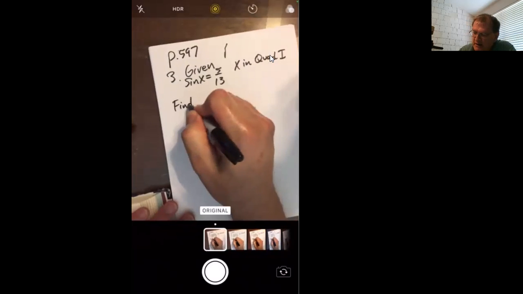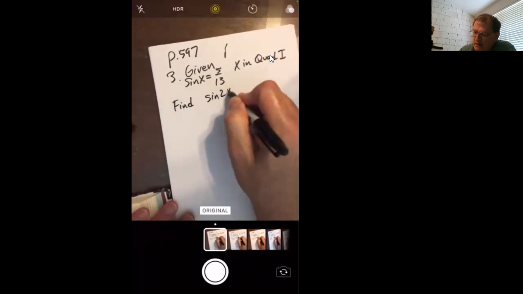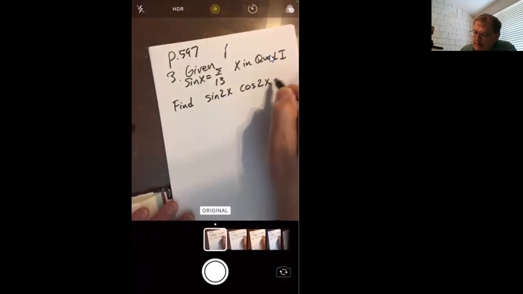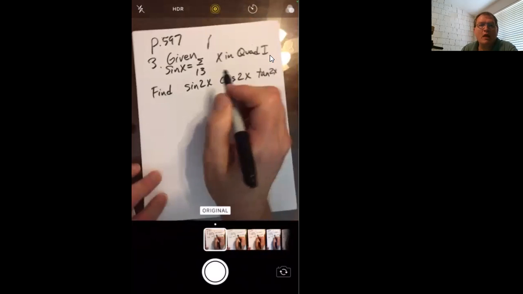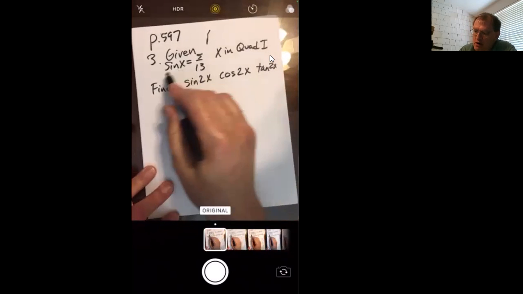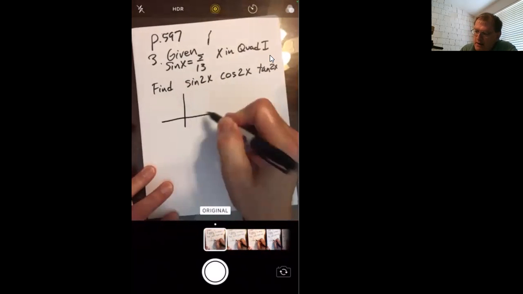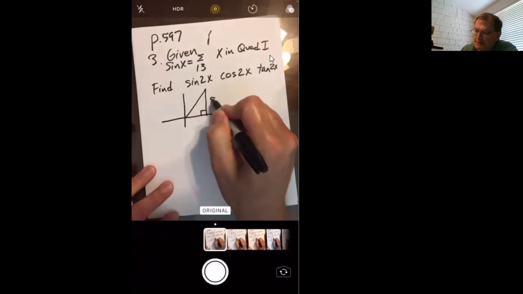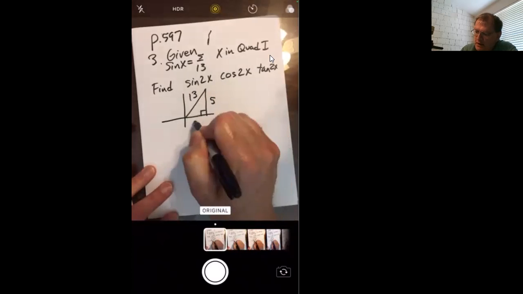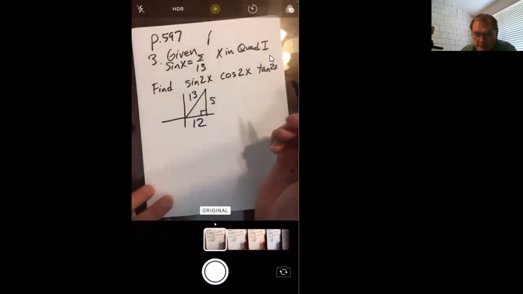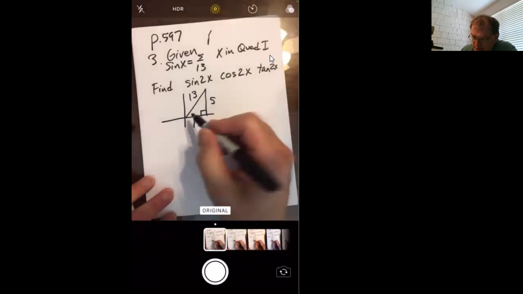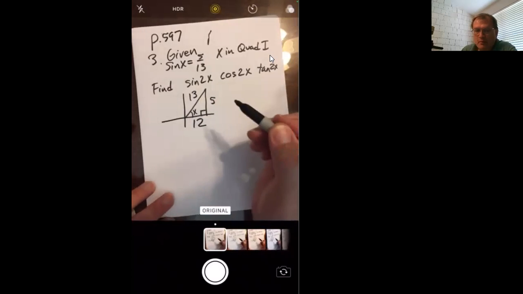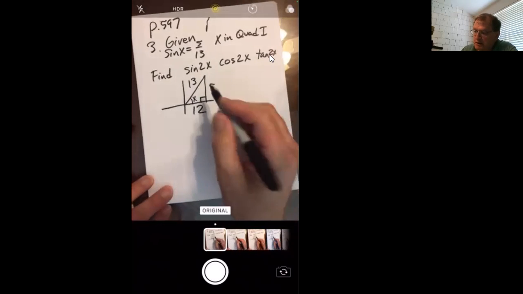Find sine 2x, cosine 2x, tangent 2x. All right, so we're going to draw our coordinates. It's quadrant 1. Sine is opposite over hypotenuse. Hope you realize that's 12. And so this is our x.